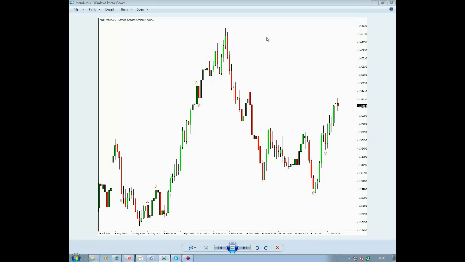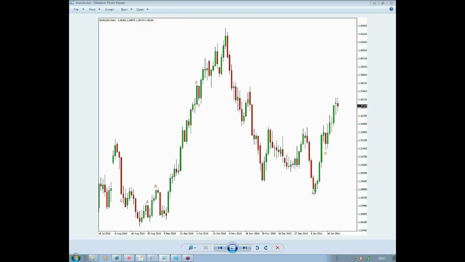Then we have the closing Marubozu. That means that if it's a red bar, then the close price will be equal to the low price of the candle. If it's a green candle, then the high price will be the close price.